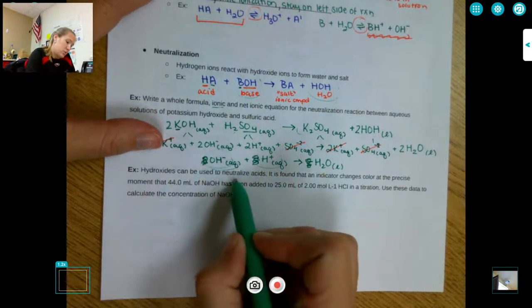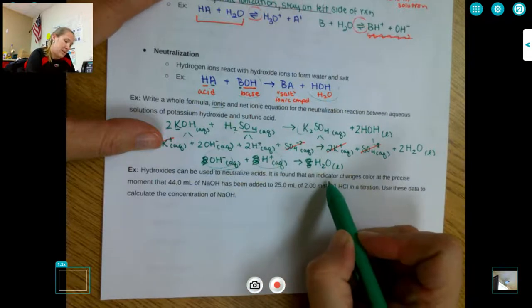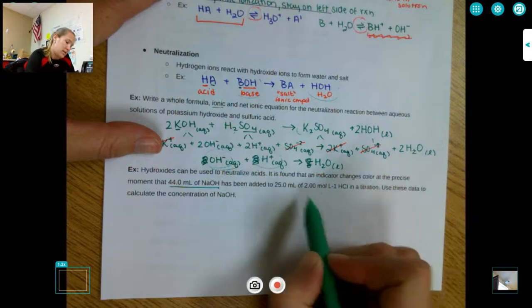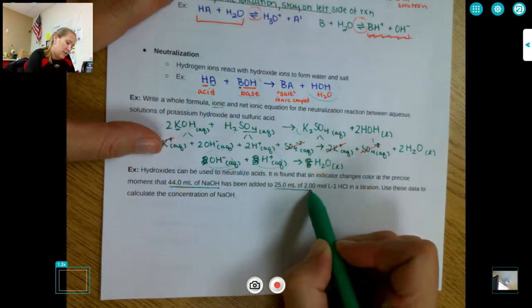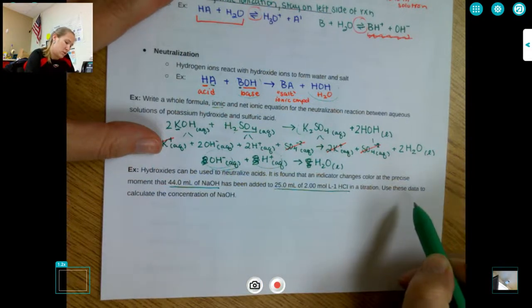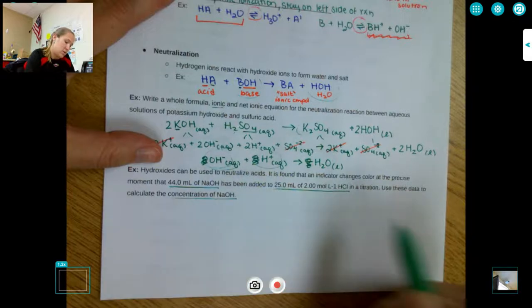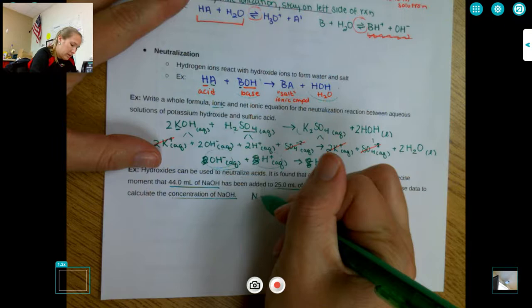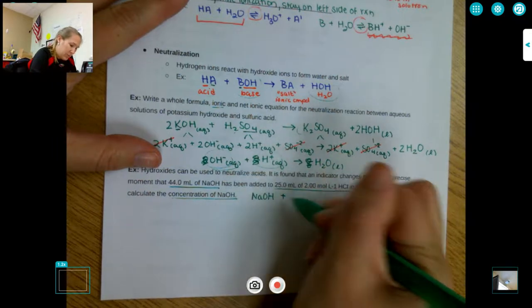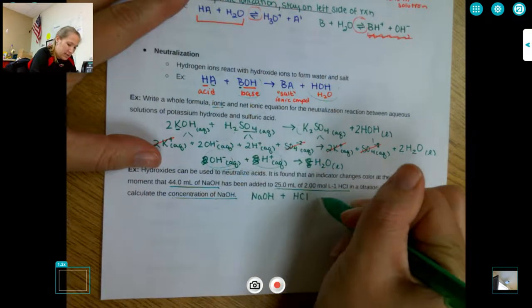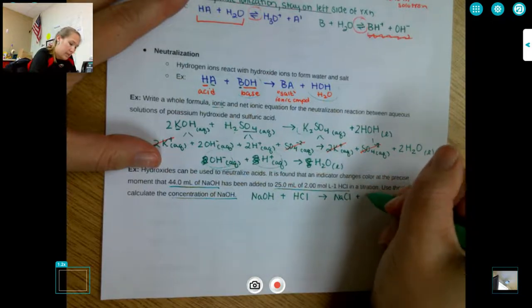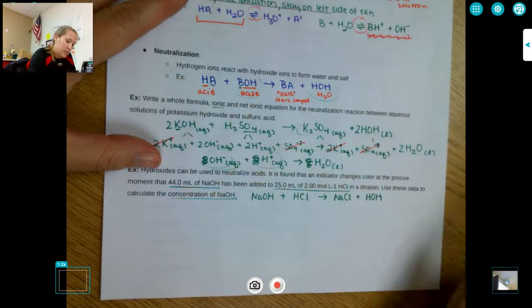So hydroxides can be used to neutralize acids. It is found that an indicator changes colors at the precise moment that 44 mL of sodium hydroxide has been added to 25 mL of 0.2 molar HCl in a titration. Calculate the concentration of sodium hydroxide. So first we had a reaction. Sodium hydroxide plus hydrochloric acid makes sodium chloride and water.